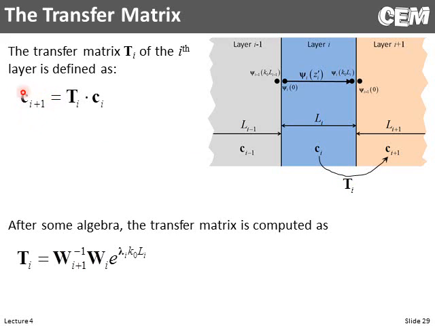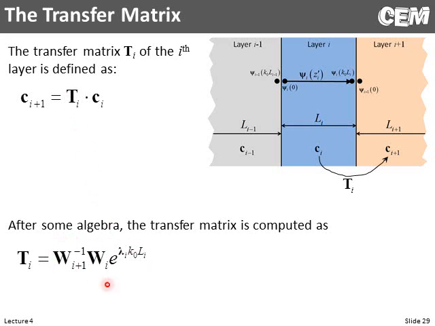Well, we have some expressions on the other side that we can do some algebra with, and it turns out we can calculate that. The transfer matrix for the ith layer is simply that, and it's just algebra taking the two equations we derived on the other side, whipping stuff around so that we have one equation that only contains C sub I and C sub I plus 1, and then the thing relating those two is the transfer matrix.